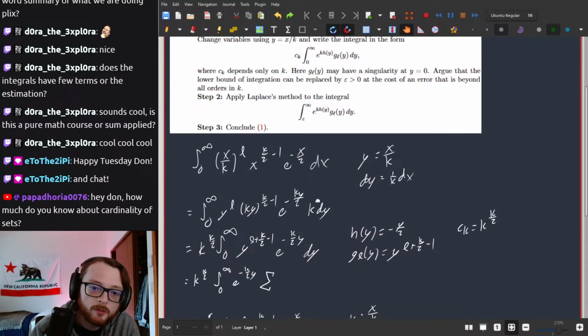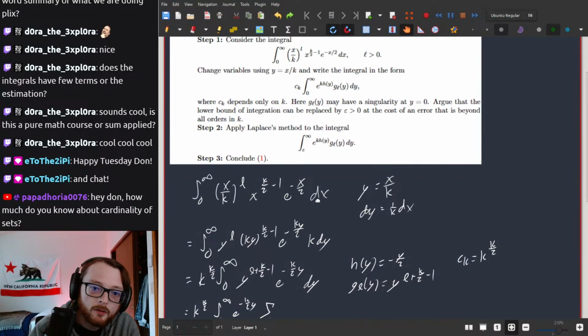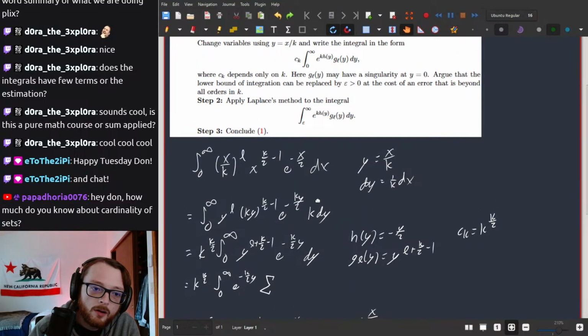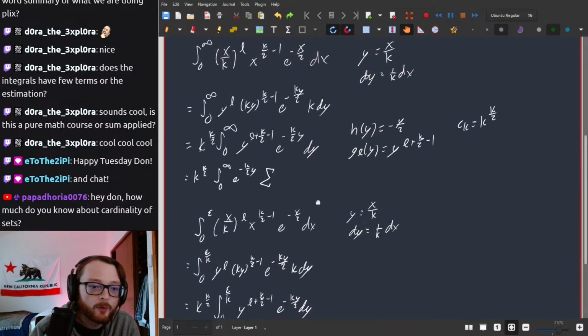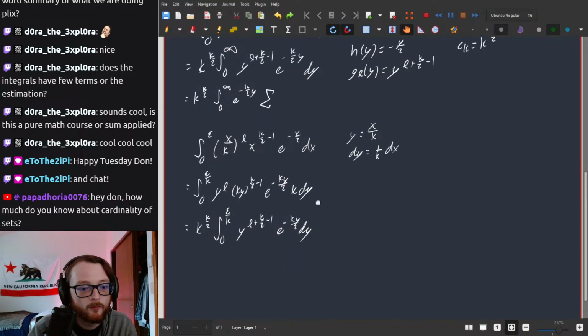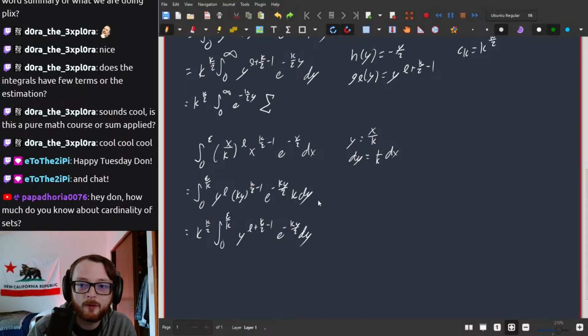Integration. I mean, okay, wait. Have I just been thinking about this wrong? As k goes to infinity, I feel like I'm maybe making this too hard on myself.